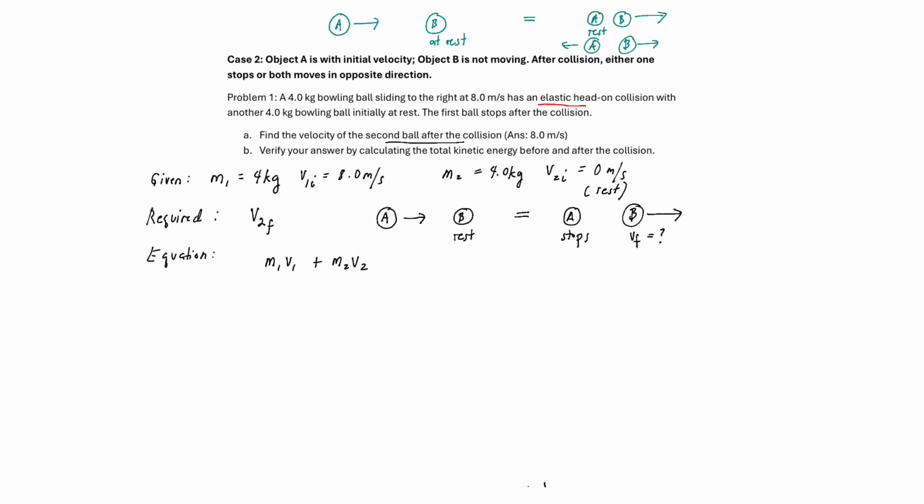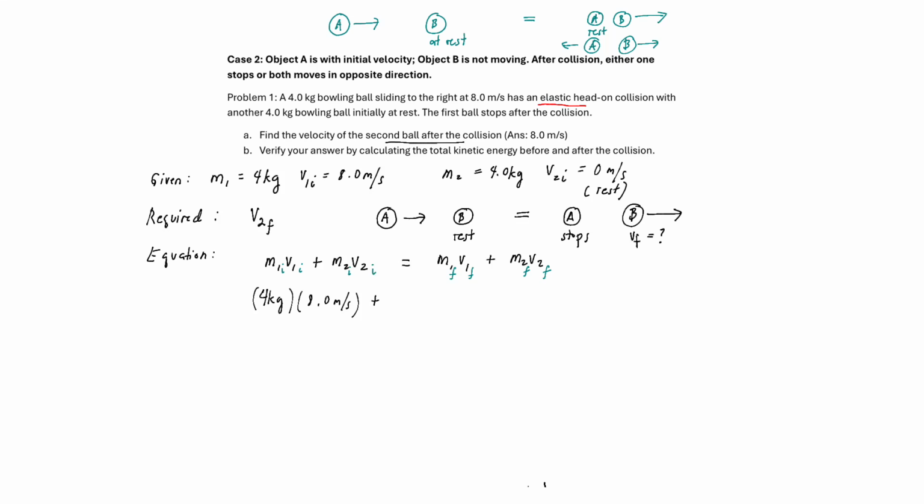Of course, it's optional to write the initial conditions, and that would become M1 V1 plus M2 V2, and of course we're going to have the final condition. Let's plug in everything first. The M1 here is 4 kilograms, and it has a V1 of positive 8 meters per second.